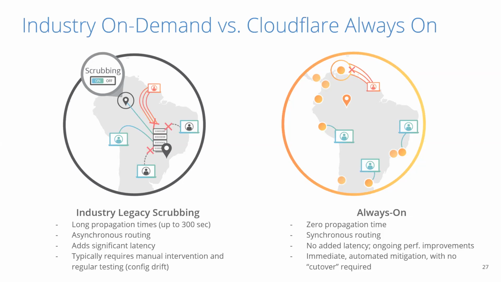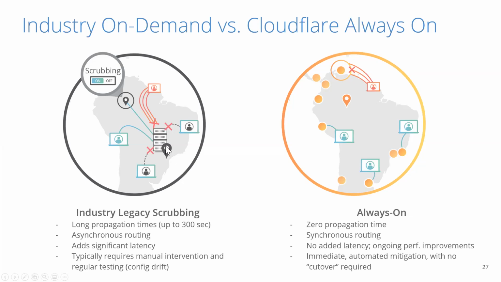Looking at the chart here, when there is no attack, the request coming in will go directly to the colo of the security DDoS provider, and then go to the origin. However, when there is an attack, somebody needs to turn scrubbing on or off. In this case, it's on, and then the traffic will be routed to a scrubbing center.